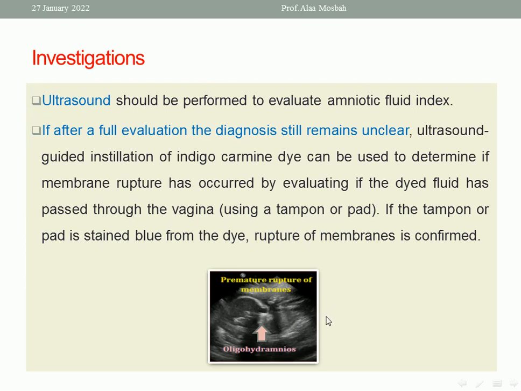Then, after a full evaluation, if the diagnosis still remains unclear after all of the above, from history, examination, and investigation, and you still query the diagnosis of premature rupture of membrane, prelabor rupture of membrane, then you can do another test by inserting a dye, called indigo carmine dye, inside the uterine cavity, guided by ultrasound.